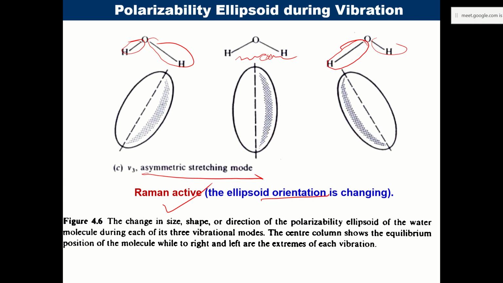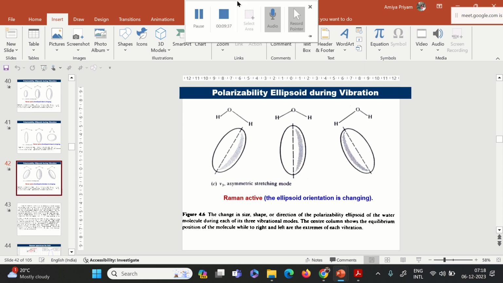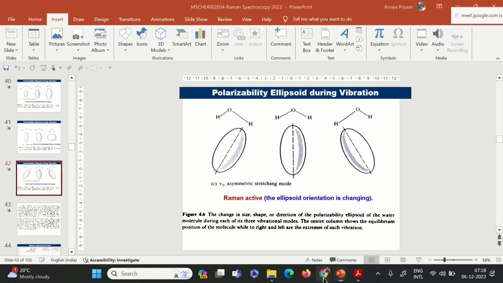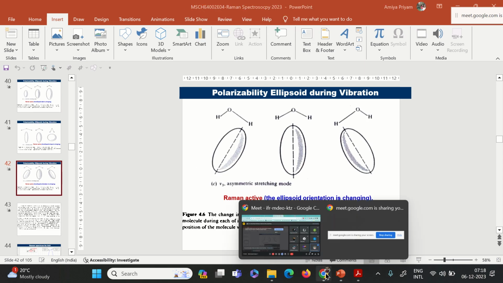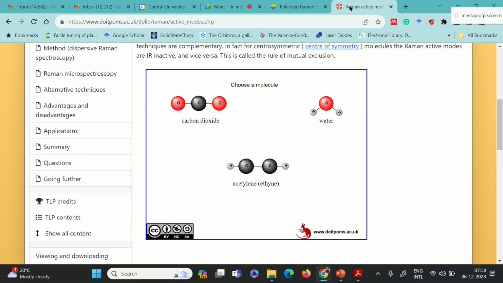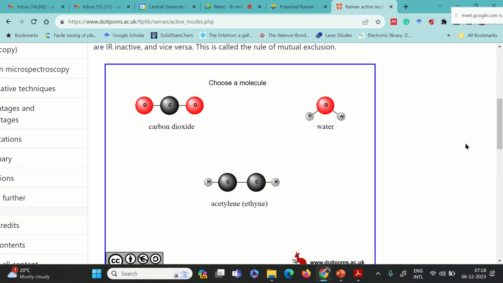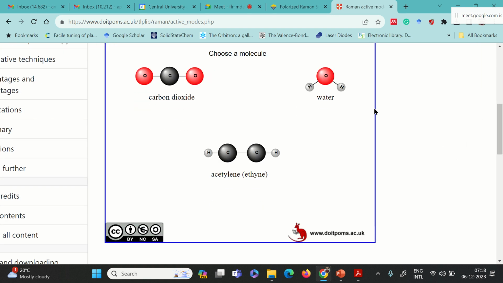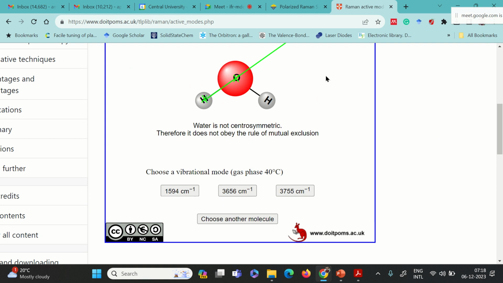So to visualize this thing, let me just go back. I will show you one interesting stuff over here. So this is what, एक मिनट थोड़ा सा zoom कर दूं. So let's take the water. Water is here.